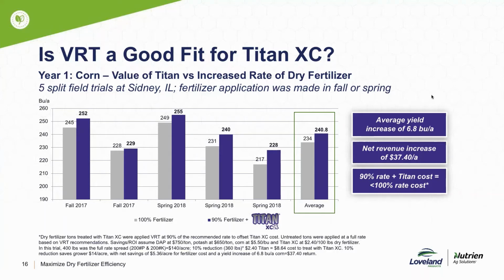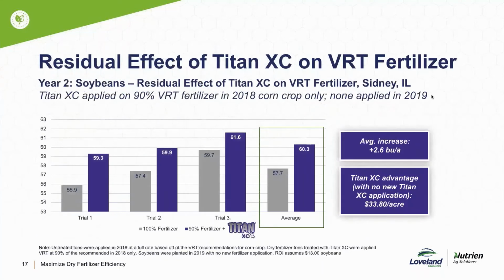A follow-up to this trial in Illinois, the corn, 5 different fields. They followed 3 of those fields with soybeans the following year without any additional fertilizer, and saw that residual effect of the Titan XC on the fertilizer applied to the corn the previous year. You can see 6.8 bushel increase on the corn the year before.